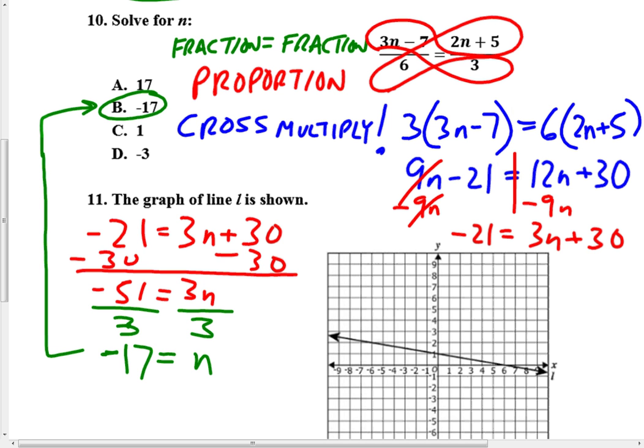While people are copying down the other one, I'm going to put in red up here what you should be thinking in your head. Rise and run. How much did we go down to get from this point to this point?